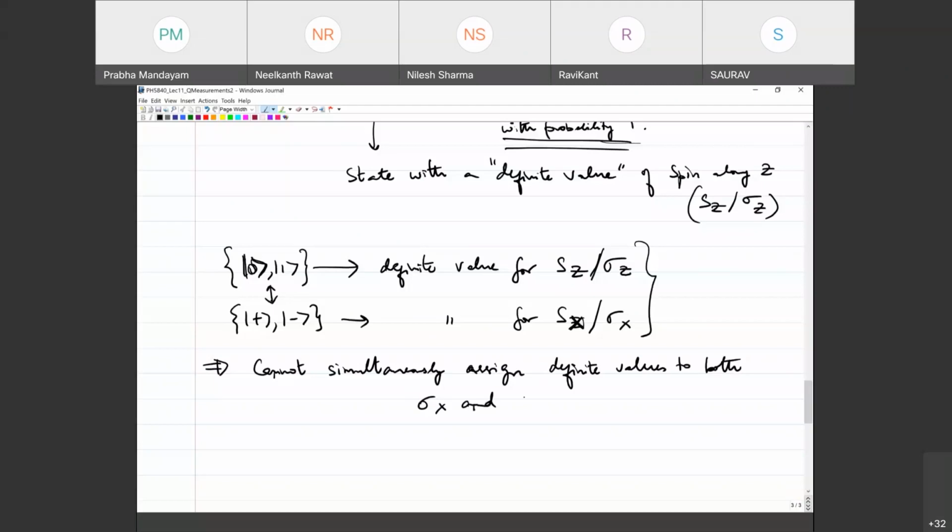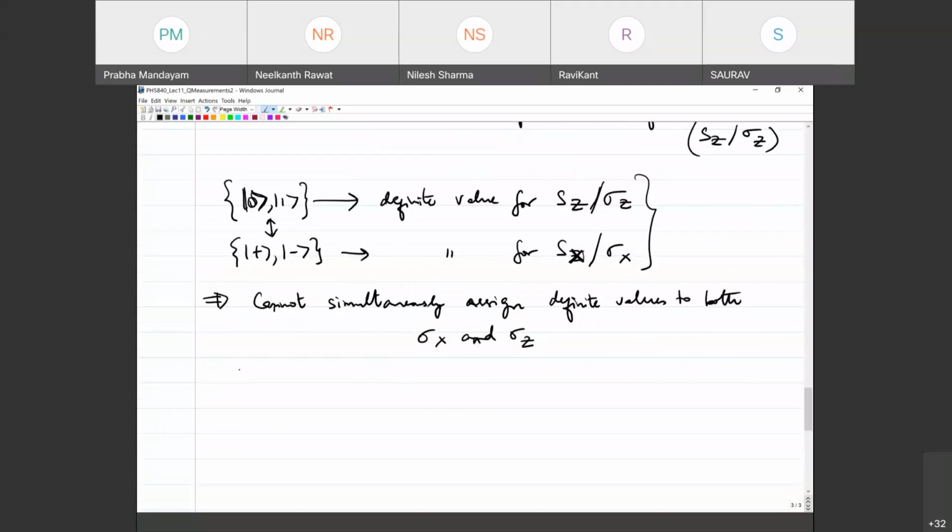So what does this remind you of? This, of course, should remind you of the uncertainty principle. I know that almost all of you have seen the uncertainty principle with reference to position and momentum, that you cannot assign definite values to position and momentum of a quantum system. Well, what I'm telling you is there's nothing special about position and momentum.